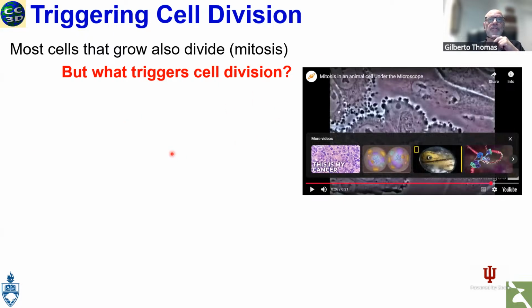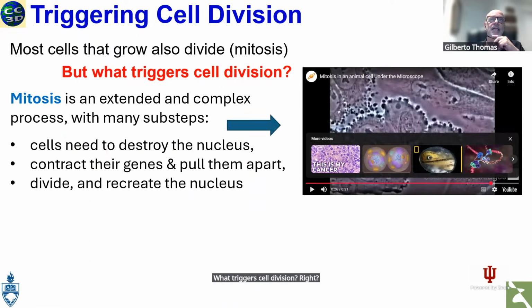What triggers cell division? To talk about mitosis, which is a very complex process with many sub-steps that you just could see.